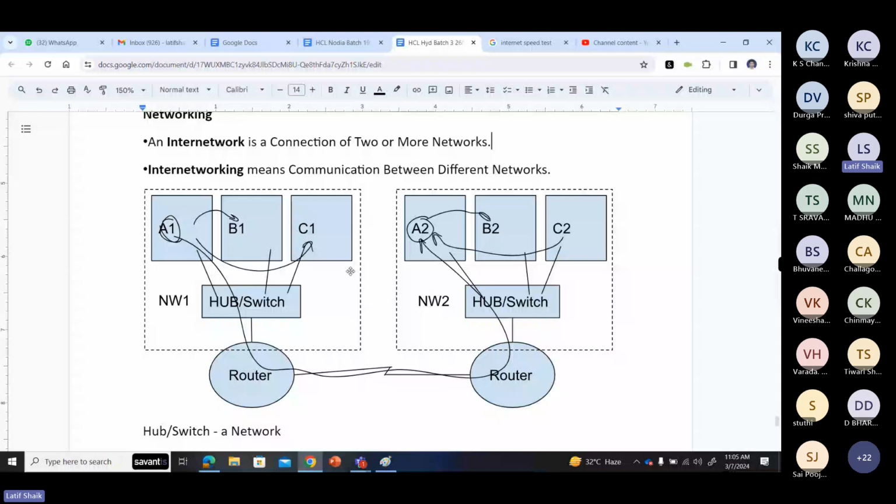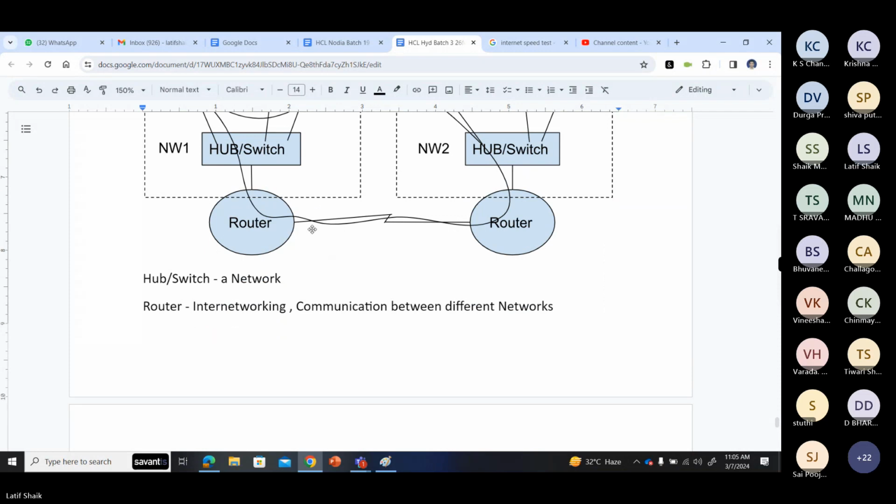So to create a network, we need a hub or a switch. To create an internetwork, the internetworking device is our router. Router is an internetworking device.